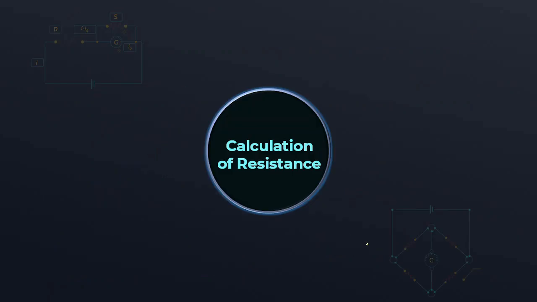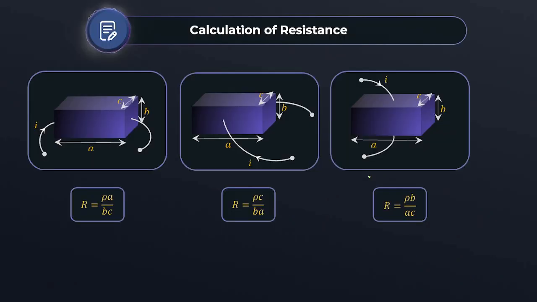So let us see calculation of resistance. If I want to find resistance, we have the formula R equals to rho L by A. So if the conductor is given, resistivity is of course given, length and area of cross section are given, for different materials how can we find the resistance? So let us see. Here, this wire is showing you the direction of flow of current.